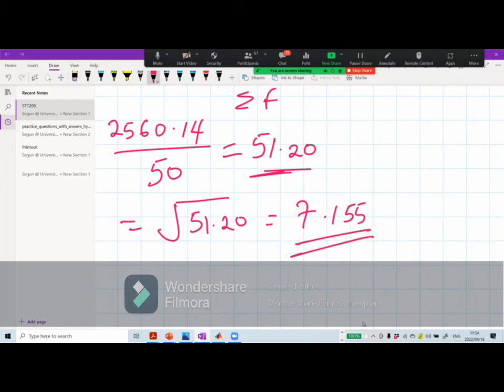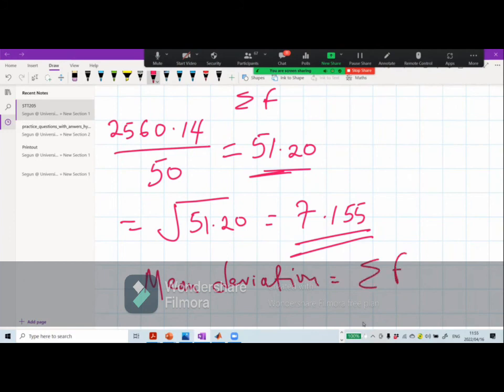So then you can also calculate your mean deviation. You remember, we are asked to calculate it. The mean deviation is summation Fi times the absolute value of Xi minus X bar, everything divided by summation Fi.